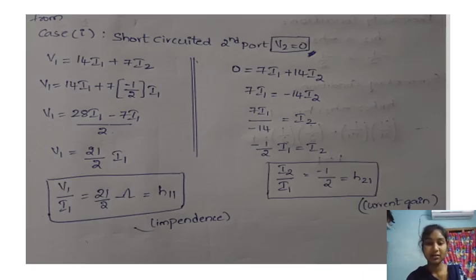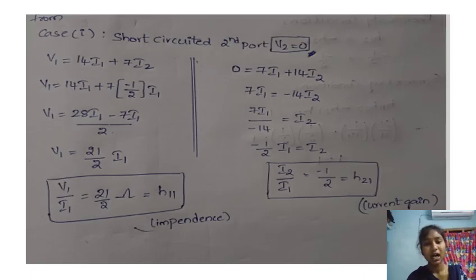The 7 and 14 cancel, so I2 is equal to minus 1 by 2 I1. Next, H21: I2 by I1 is equal to minus 1 by 2.